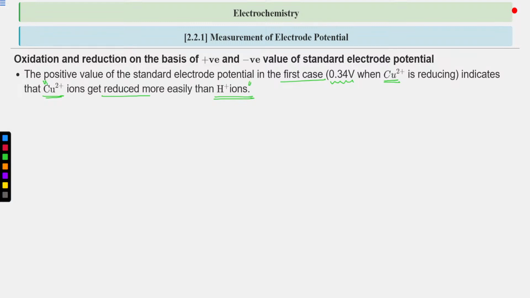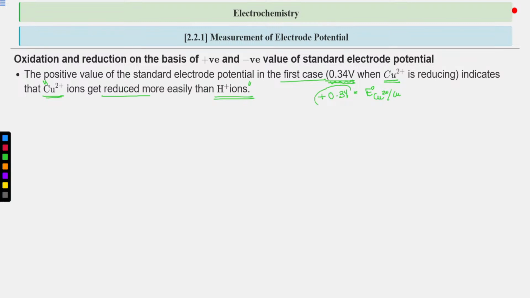Why are we saying that? Because the overall EMF coming for the cell is positive, 0.34, and this will be equal to the E naught for the copper cell, Cu2+ to Cu, right? This is the E naught of the right half cell, because the left half cell is SHE. Now the E naught for the copper cell corresponds to the reducing reaction of copper.